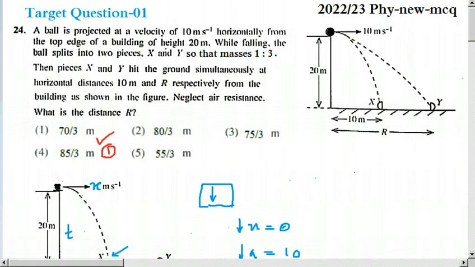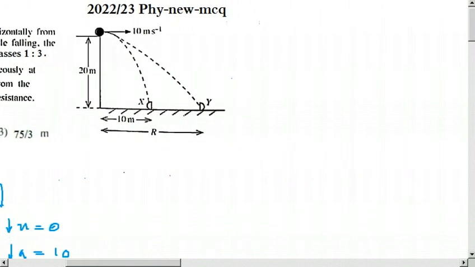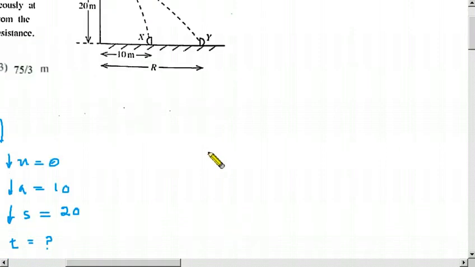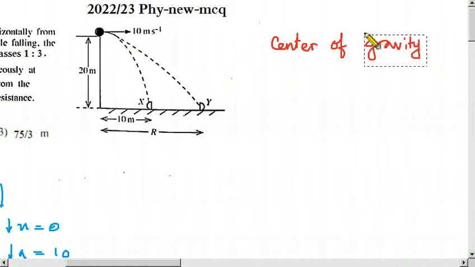Now, children, I am going to show you the other method, that is the method using the center of gravity.